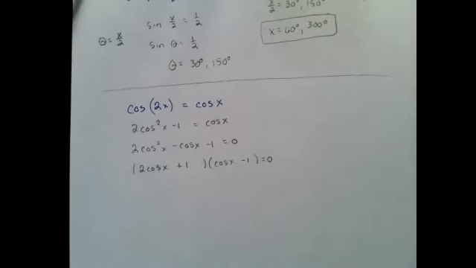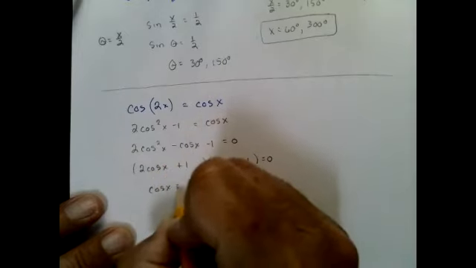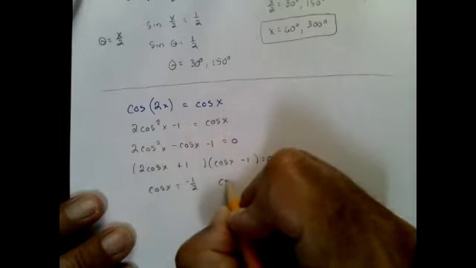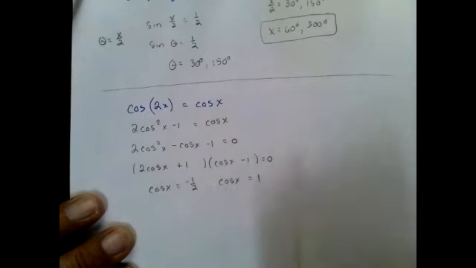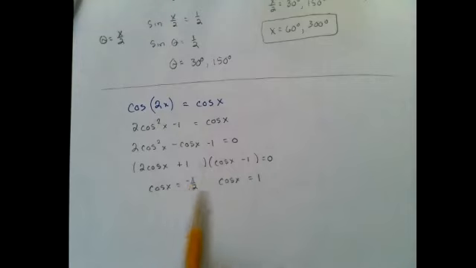All right. Cosine of x equals -1/2. Cosine of x equals 1. Set each of these terms equal to 0, solve, and I get those kind of ideas.